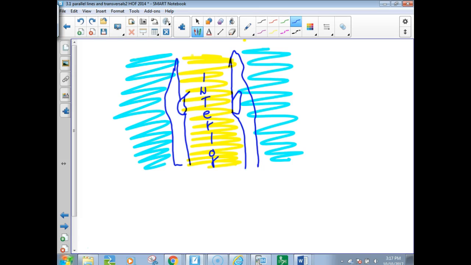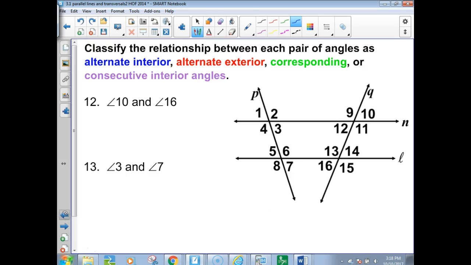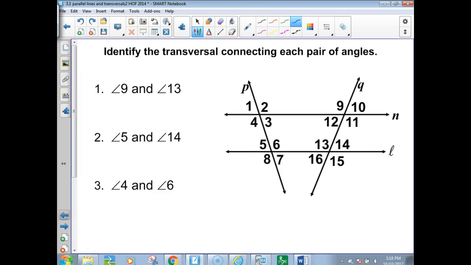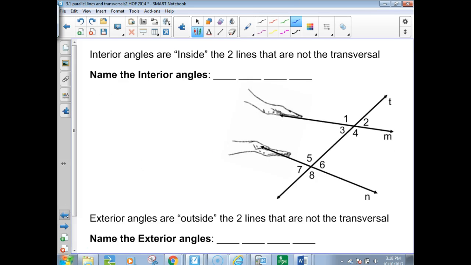That's your exterior on both sides. Good enough? That's really all I wanted for that diagram. Let's label the interior, exterior of the hands. Okay, so now we're here.